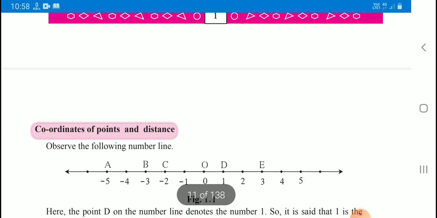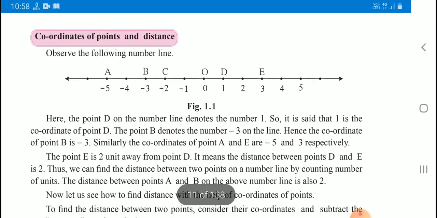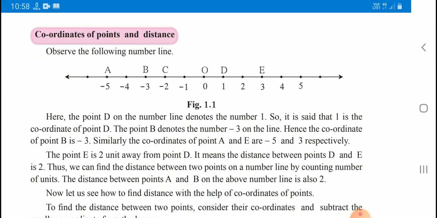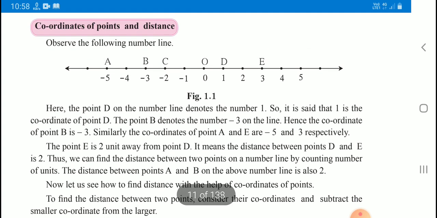Now, next we will see the coordinates of points and distance. Here in your book you can see the number line. You have also studied this in your previous classes. You know that while drawing a number line, we draw 0 in the middle. To the right of 0, all positive numbers are there, and to the left of 0, all negative numbers are there.